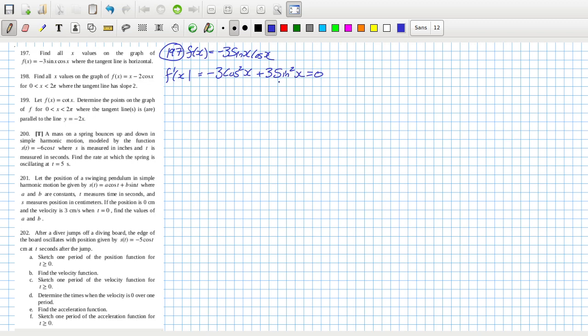Dividing by the 3 and taking this to the other side, we get sine squared x equals cos squared x.